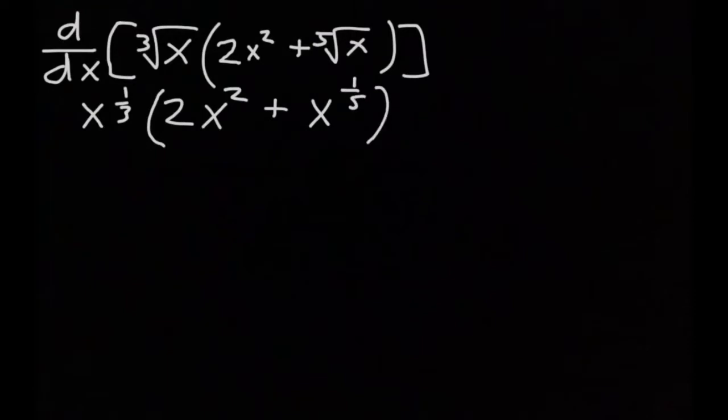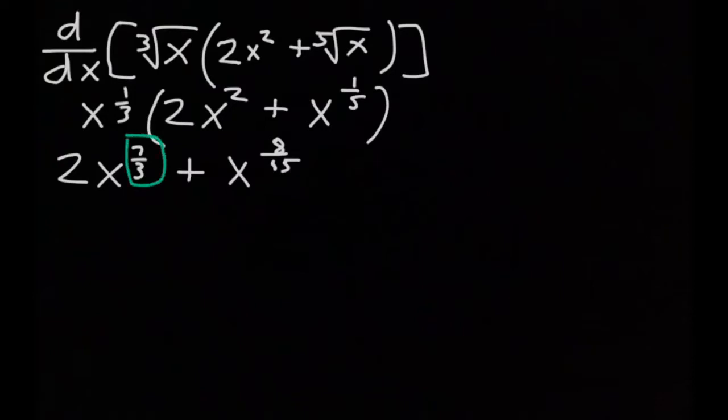Now, let's distribute these terms. So x to the power of 1/3 times 2x squared is simply 2x to the power of 7 over 3, since we add the exponents. And x to the 1/3 times x to the 1/5 is x to the 8 over 15. So now, our n values are 7 over 3 and 8 over 15.